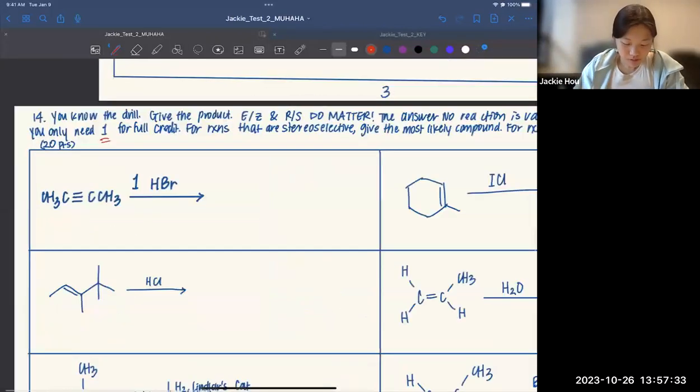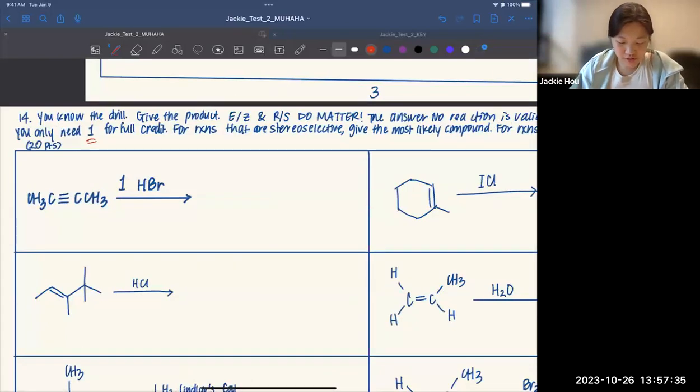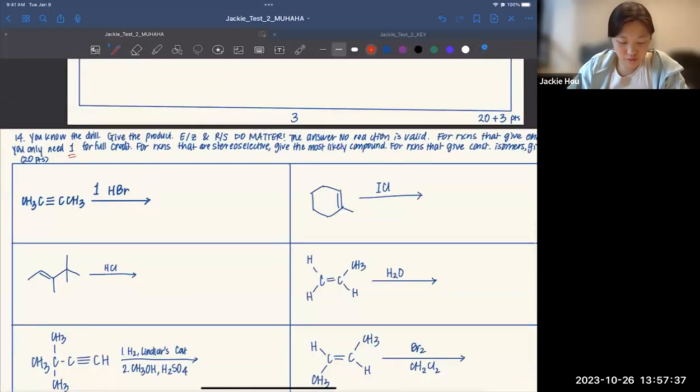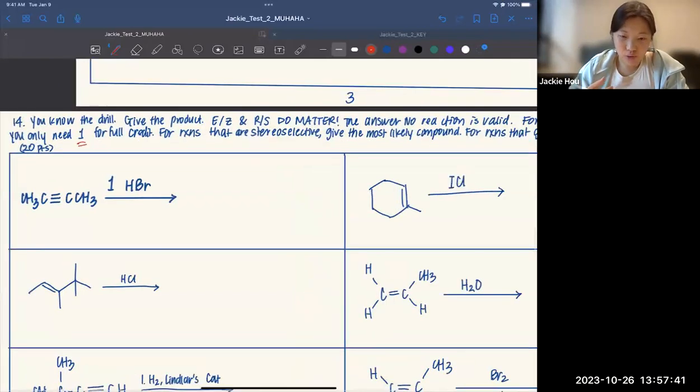So one thing, this was actually on, I think maybe group 12's problem set 6, right? If we add only one HBr, it's going to stop at the alkene because that's only one of the reagents that we have.